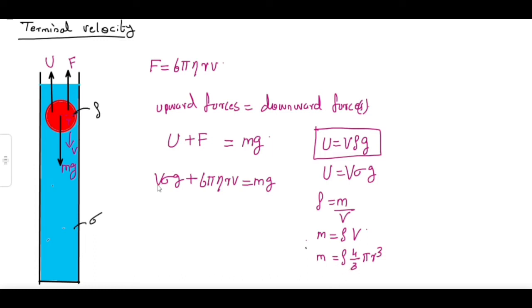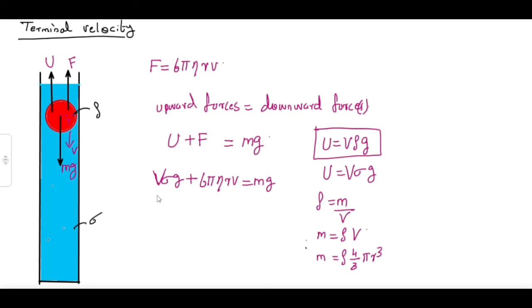Now, what is the V here? In the upthrust equation, what is V? V is the volume itself, no? How much volume gets displaced? We have already learned in Archimedes principle. So, by using Archimedes principle, the volume of the body is equal to the volume of the liquid displaced.